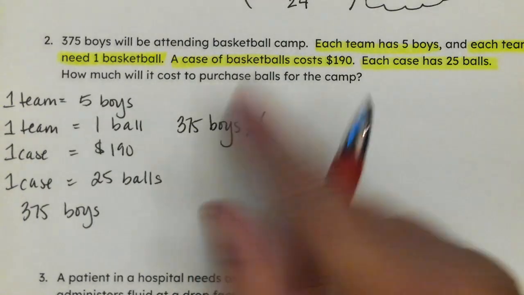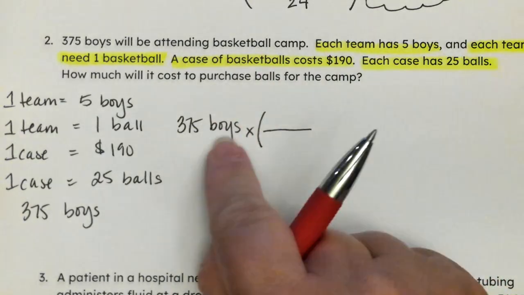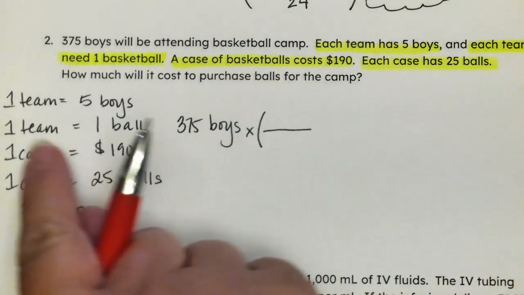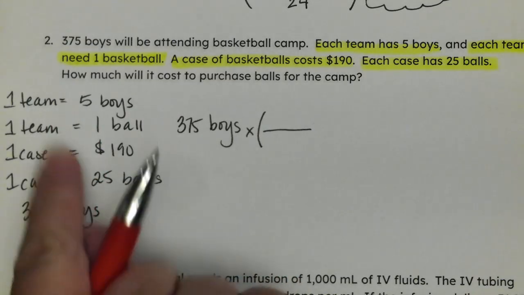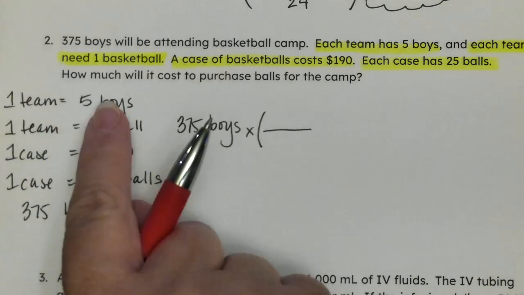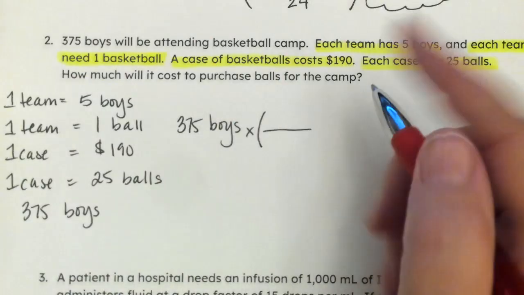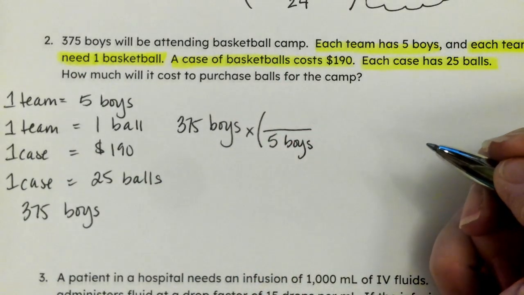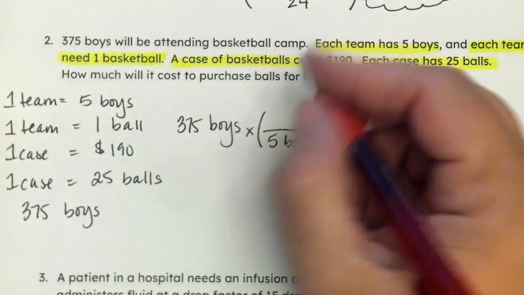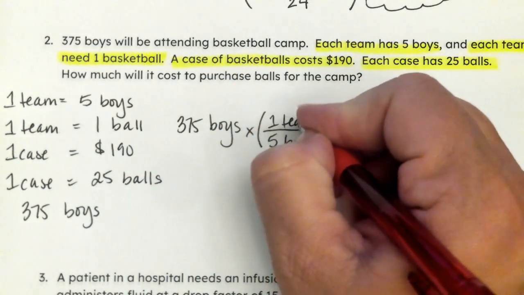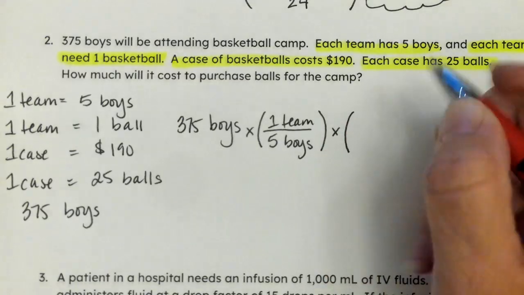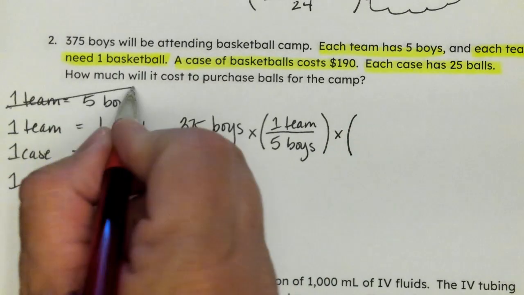Okay, 375 boys. If the word boys is here, we need the word boys at the bottom of the next step because we want them to be diagonal from each other. And so the only equivalence that we have, or the only conversion factor that we have, is this one that has it. So I'm going to put 5 boys on the bottom, and that makes up 1 team. Okay, now we've used this one up.